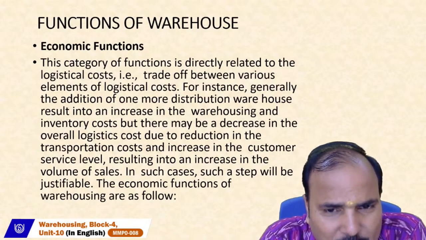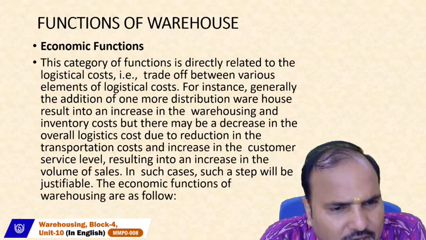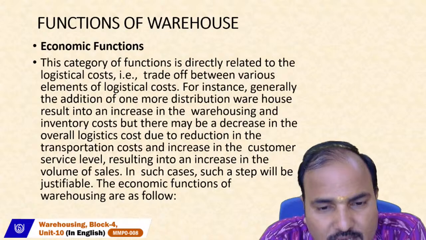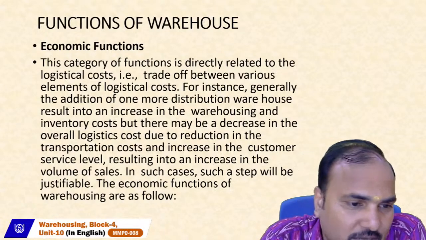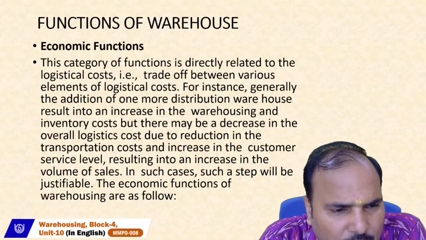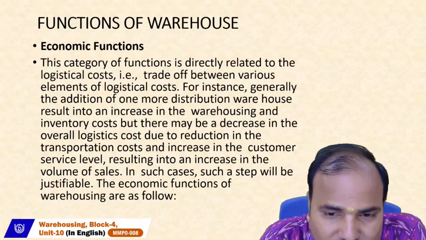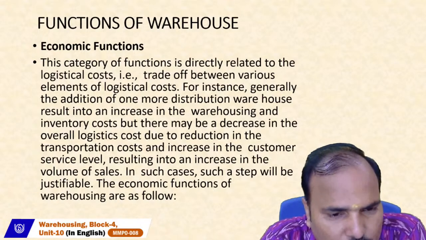But there may be a decrease in the overall logistic cost due to a reduction in the transportation cost and an increase in the customer service level, resulting in an increase in the volume of sales.